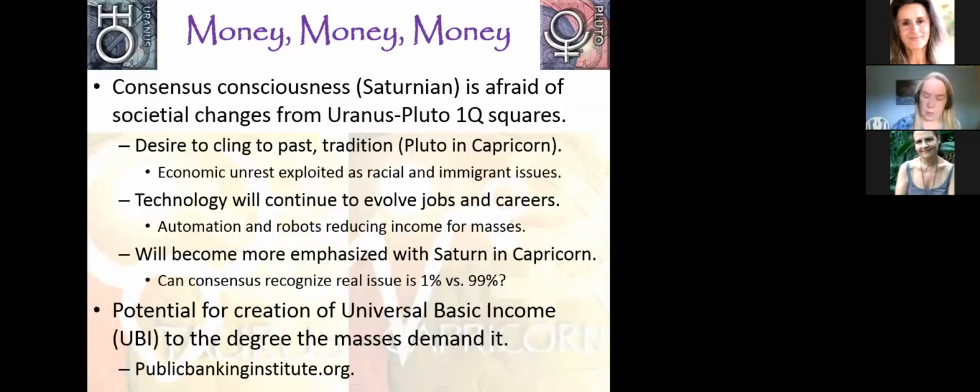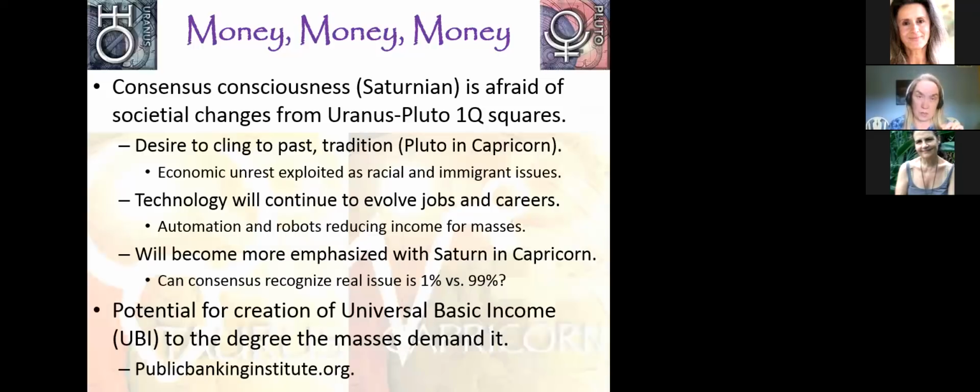Technology is going to continue to evolve the jobs and our careers by automating things and taking jobs from humans and giving them to robots. And what it's going to do is have this effect of reducing income for the masses. There are going to be fewer and fewer jobs with more and more people wanting them.